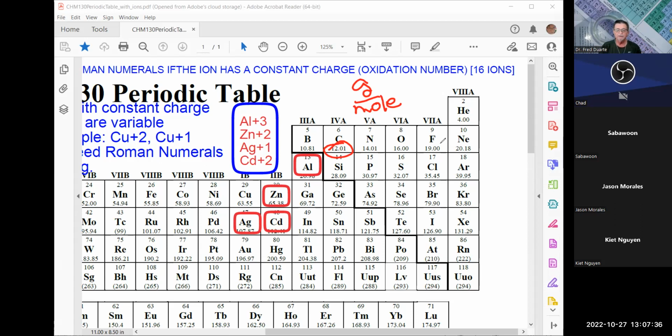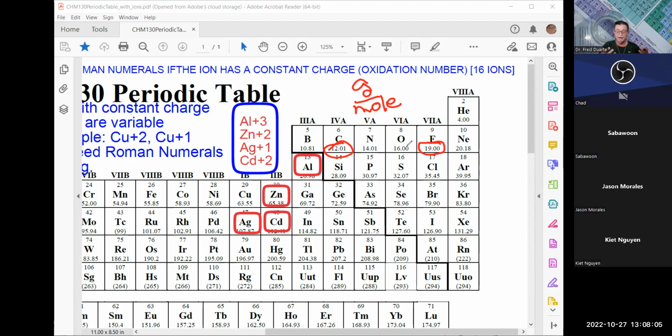If you weigh out 19 grams of fluorine atoms, you will have 1 mole. Now, going back to the physical states of the elements, remember we have 7 diatomic elements. So be careful when the question says 1 mole of oxygen gas versus 1 mole of oxygen atoms.